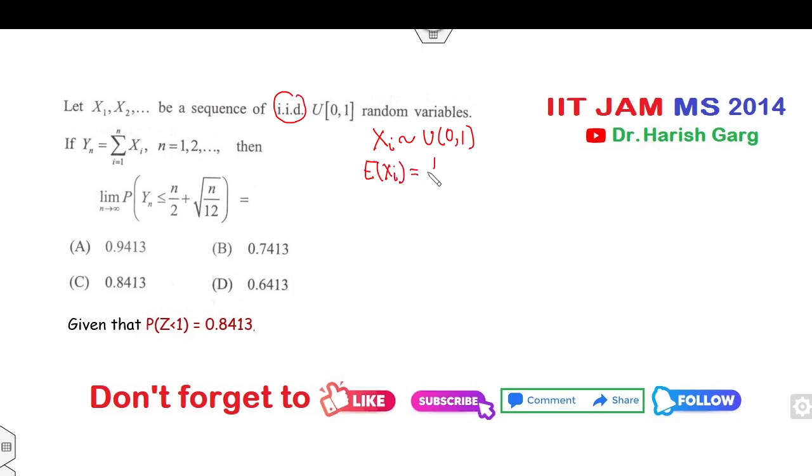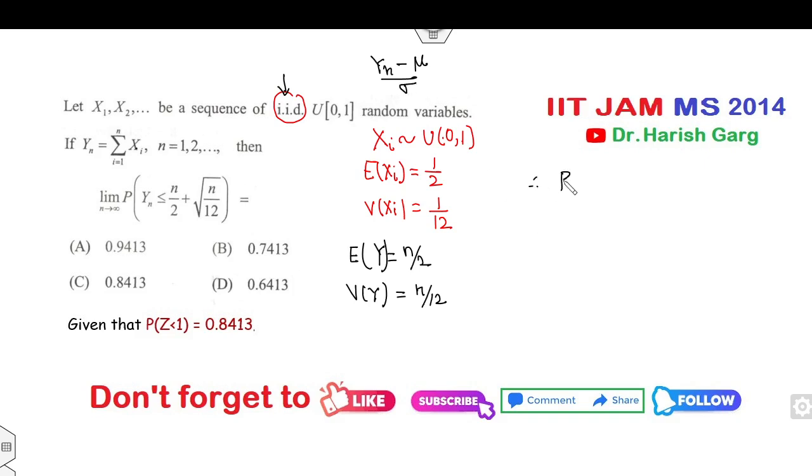By using the mean, a plus b over 2, and the variance of xi is b minus a whole square divided by 12. Then y. Can you find the mean of y? Because they are IID, it is n over 2. Variance of y is n over 12. So your target is to write in this form.